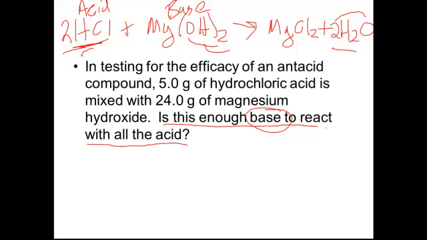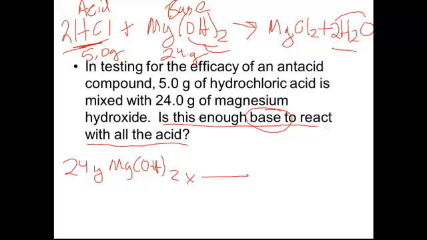So we've got 5 grams of the acid. We've got 24 grams of the base. So really, again, we're just going to go from one to the other. So 24 grams of Mg(OH)2 has a mass of 24.3 plus 32 plus 2, 58.3 grams in 1 mole of Mg(OH)2.